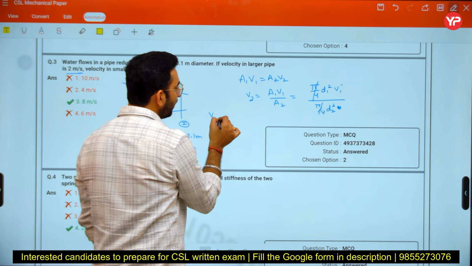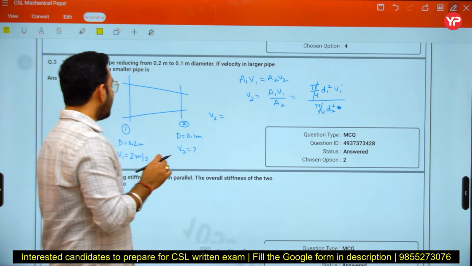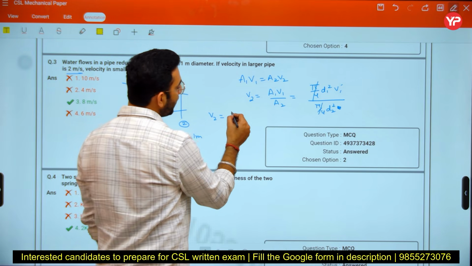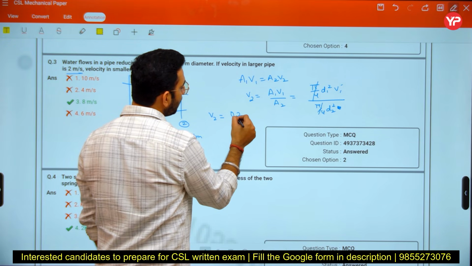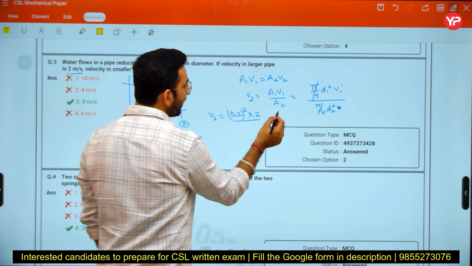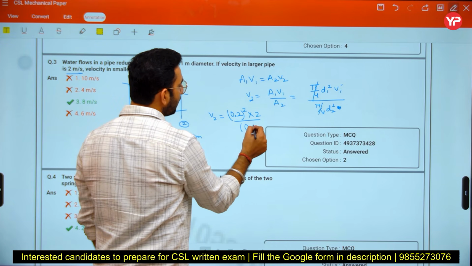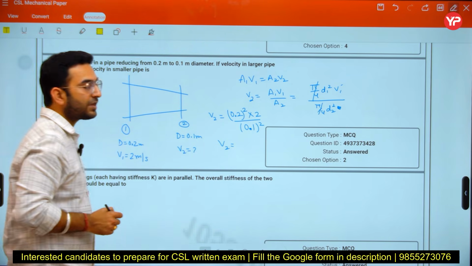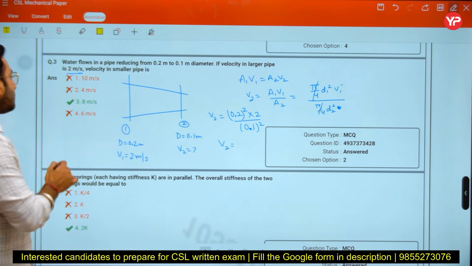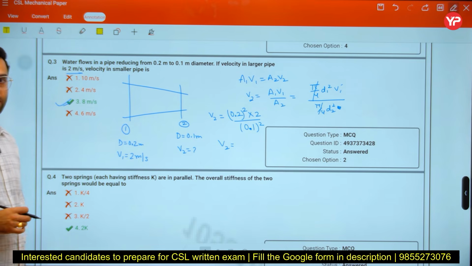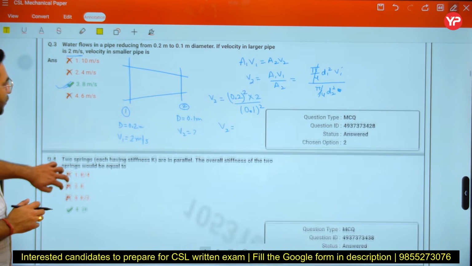Now d1 is 0.2 meter and the velocity is given as 2 meter per second, so I can write 0.2 square multiplied by 2 divided by 0.1 square. If I solve this entire equation, you get the answer as 8 meter per second. So option C is also a correct answer. Coming back to the next question.